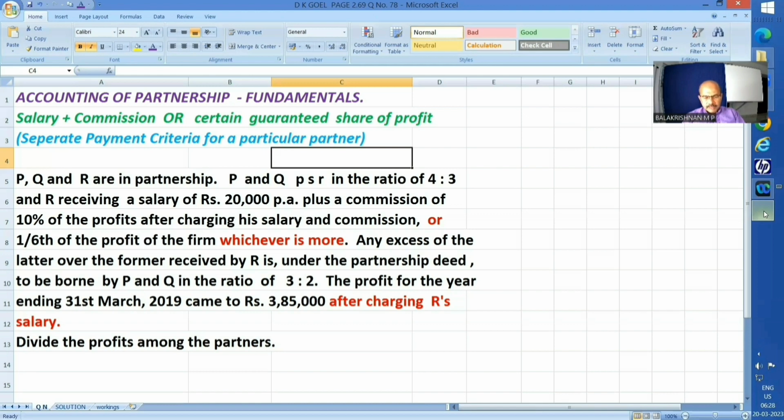Obviously, when it is 1/6 of the profit as the share, this original profit will be considered, because the salary and commission as an expenditure doesn't come within the P&L appropriation account.